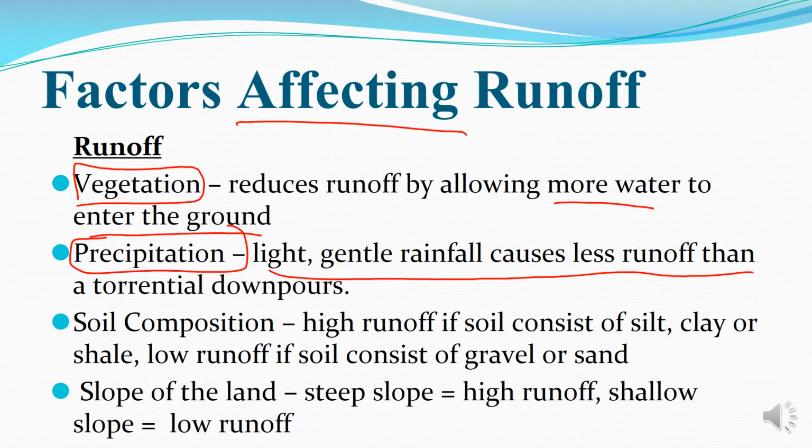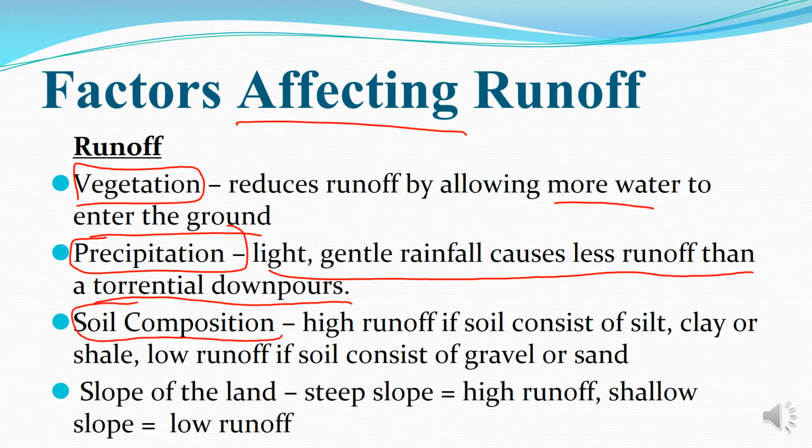Precipitation is just like regular rain. But a thunderstorm or a hurricane is not your regular precipitation. Those are torrential downpours, which cause a lot of runoff because the water keeps flowing. But a little bit of rain here and there is not that bad.